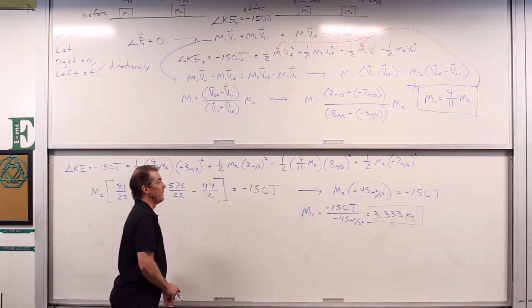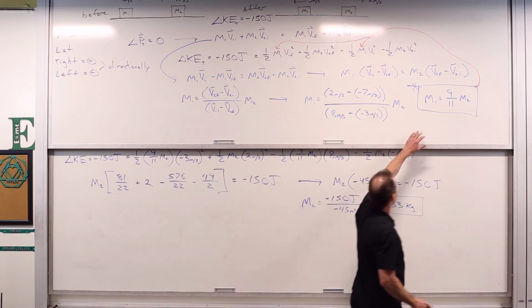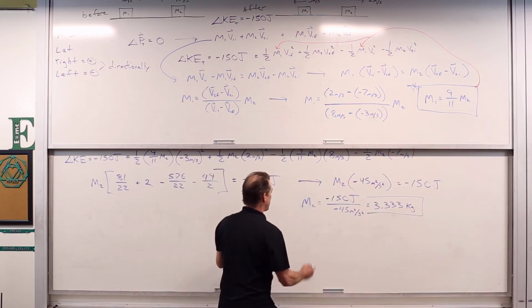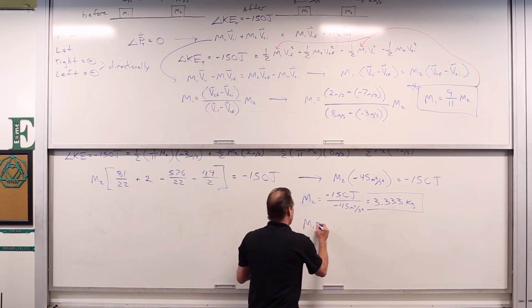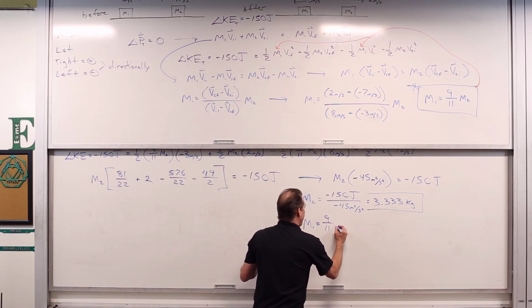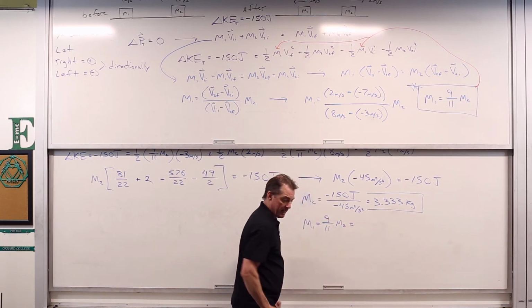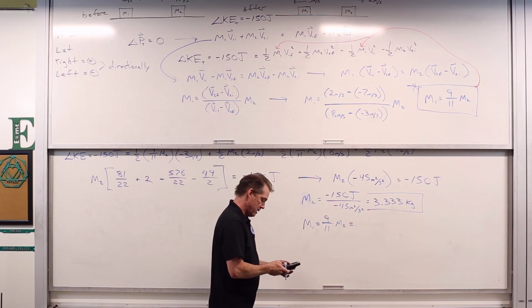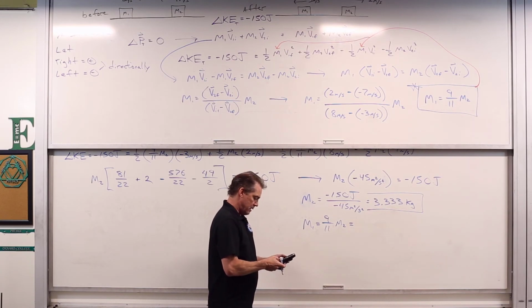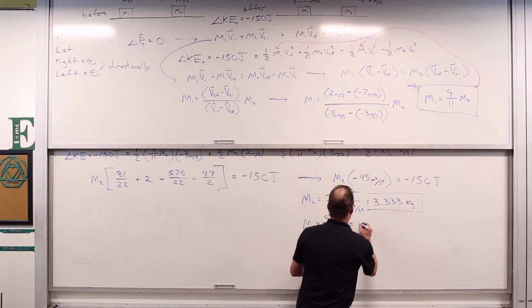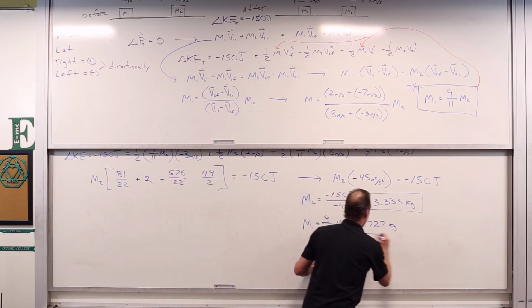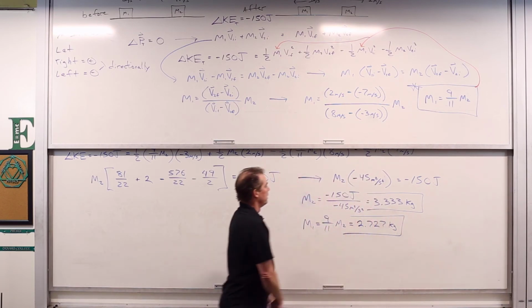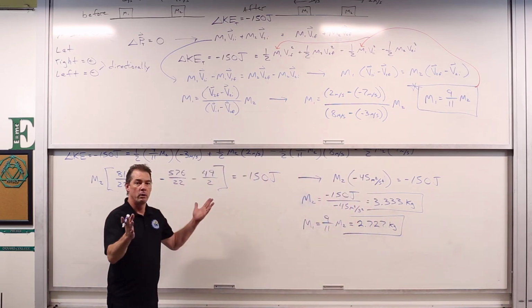And from that, we can now get the mass of mass number 1 because we know mass number 1 is 9/11ths of mass number 2. M1 is equal to 9/11ths of M2, which is then 9/11ths of that, times 9 divided by 11, gives us 2.727 kilograms. There we go. We're done.